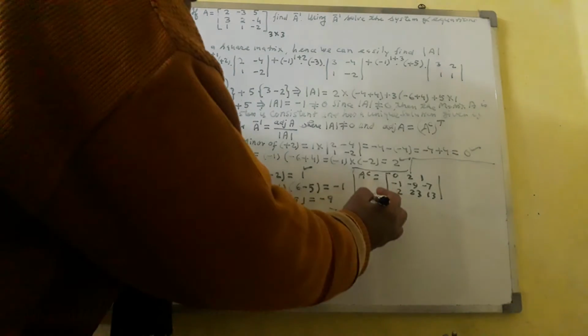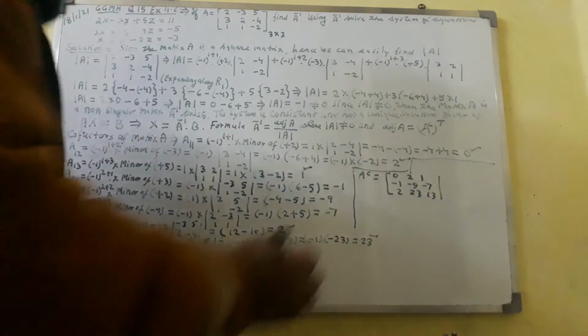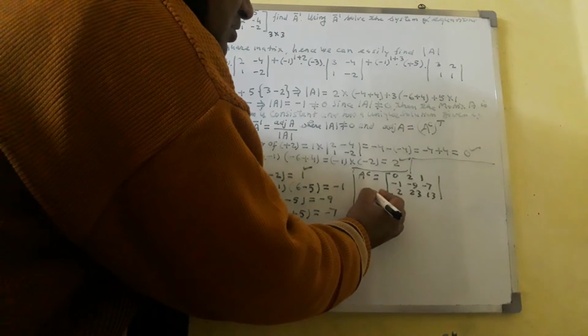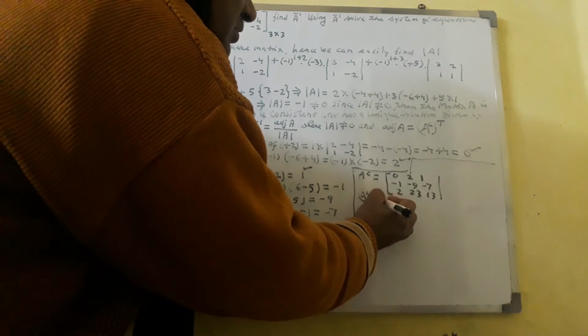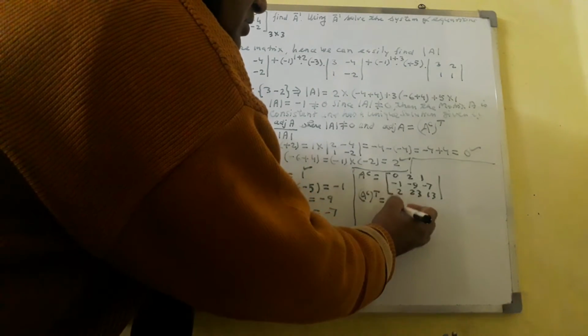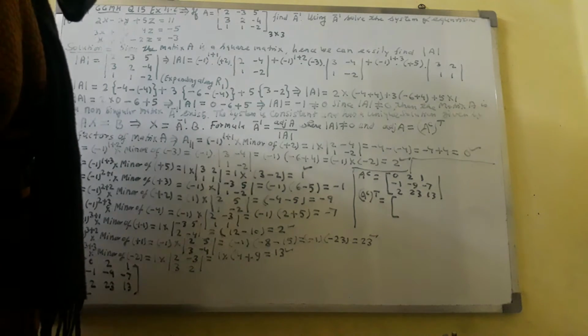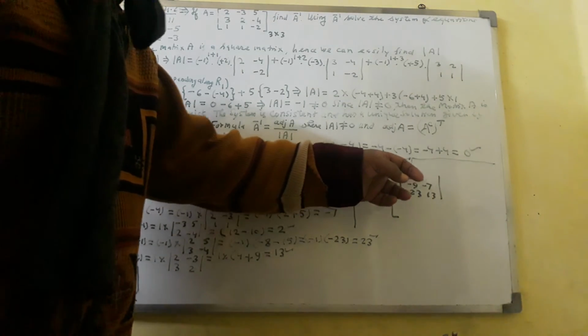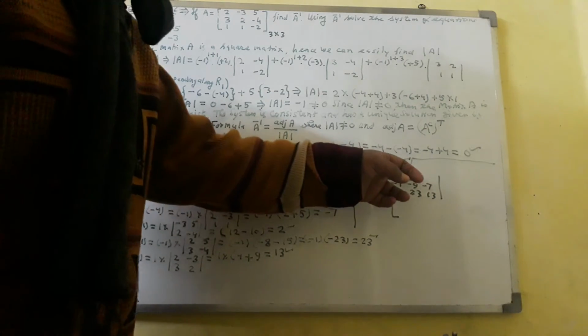Next I shall do the transpose of the cofactor matrix. Transpose of cofactor matrix will be: here you can see 0, 2, 1 is in the first row.